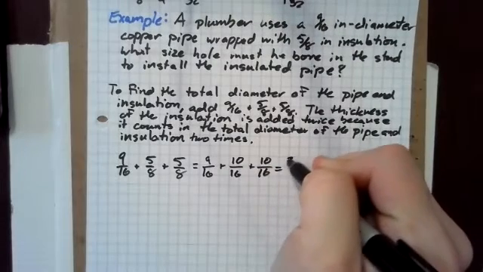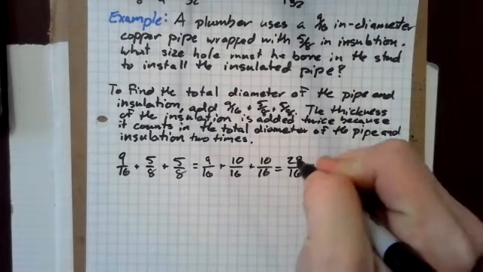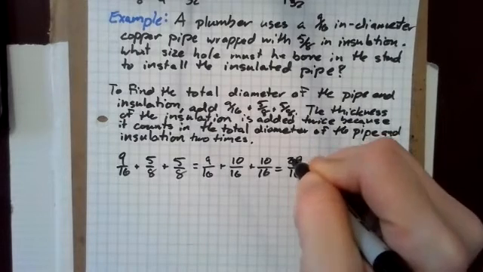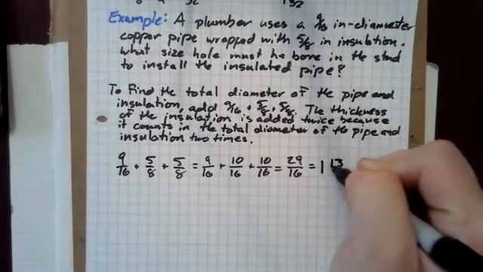Add those together, we get 29/16. And then, because this is a word problem, we're going to want this in mixed number form. So we can subtract 16 from the numerator and get 1, and 29 minus 16 is 13. That's 1 and 13/16.